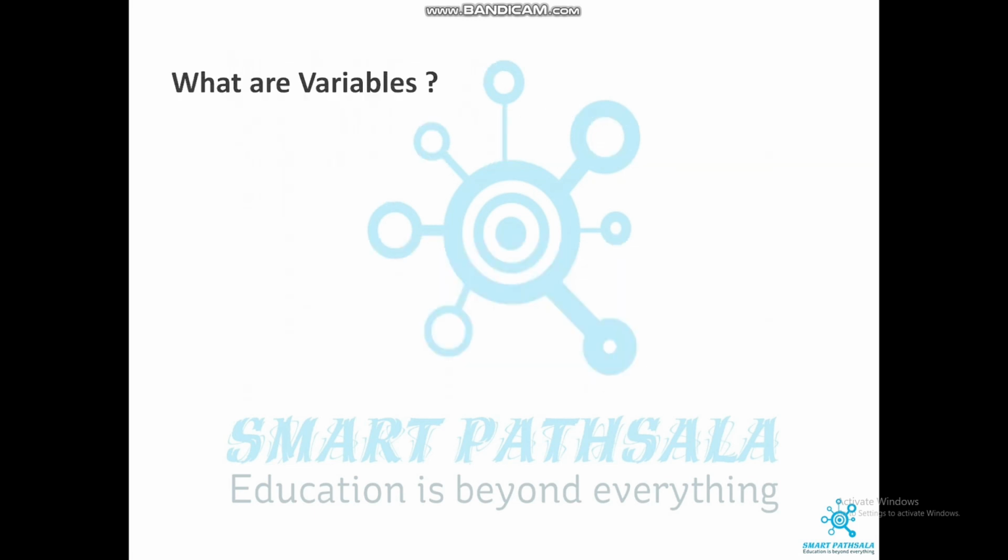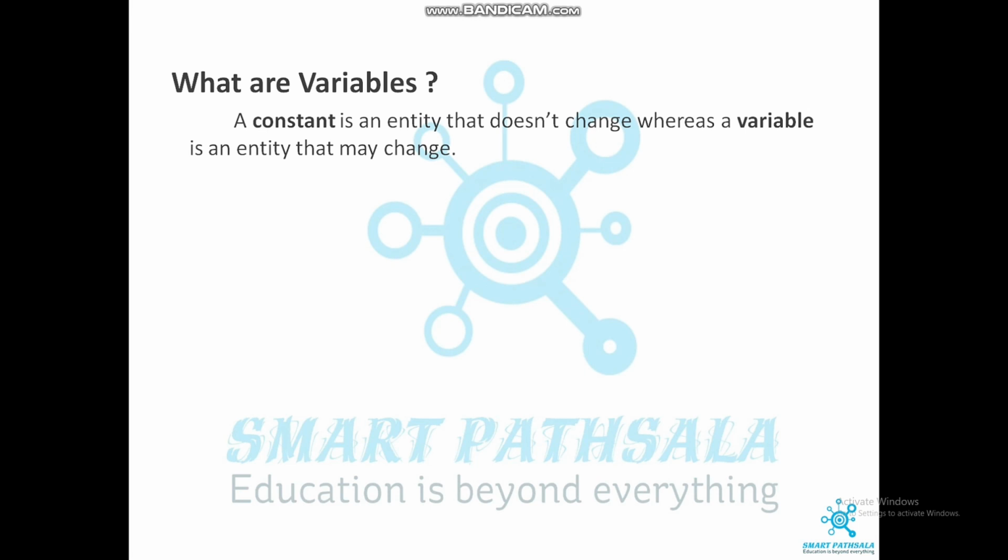Next, what are variables? A constant is an entity that doesn't change its value, whereas a variable is an entity that may change.